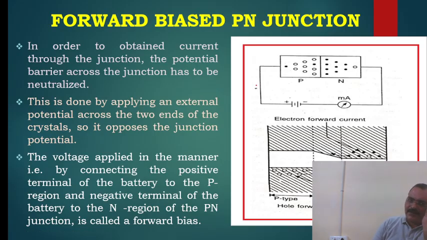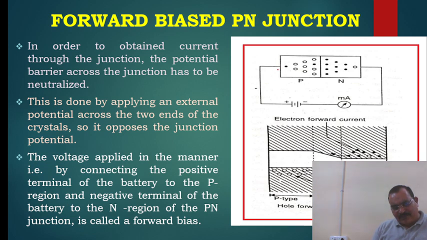Now what happened in forward biasing? These are the majority carriers in P type, and these are the minority carriers. The majority carrier in this is the minority carrier here. This is the plus, that is the positive force. This is also positive force.